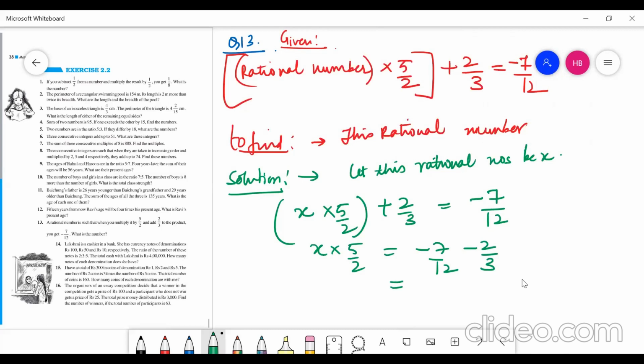If I find the LCM of 12 and 3, I get 12 as the LCM: minus 7, and 3 fours are 12, so minus 2 into 4, that is minus 8. And if I simplify x into 5 by 2, I get 5x by 2.